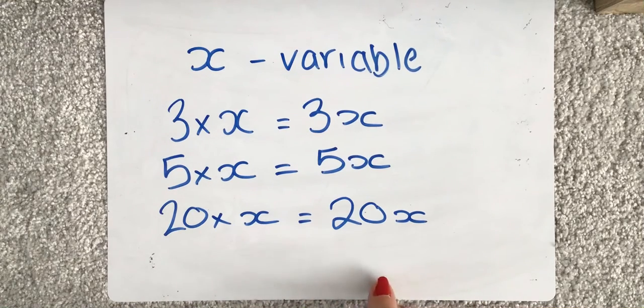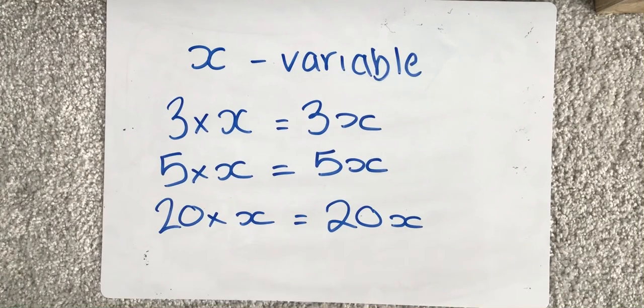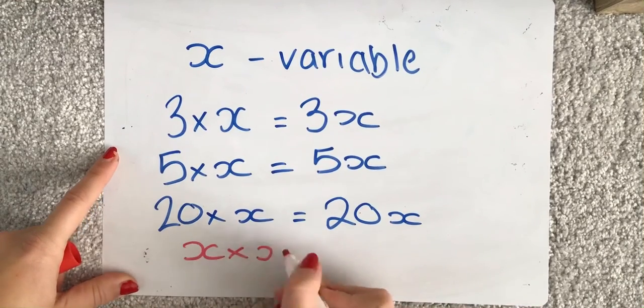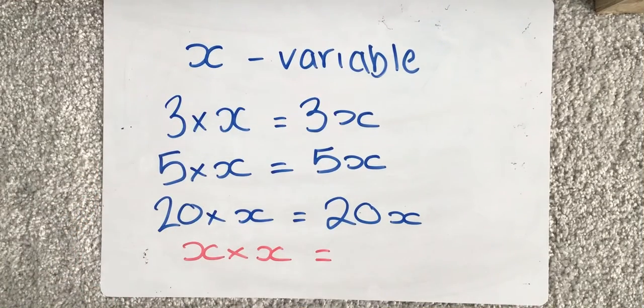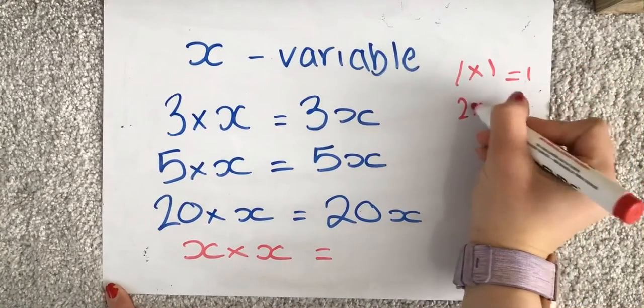So if we start with that, we've got that bit. Now, it can get a little bit more complicated, with, instead of me having a number times x, I might have x times x. Okay, so think back to when we have a number times a number. If we've got a number multiplied by itself, what do we call them? Have a think. Yeah, we call them square numbers, okay? So things like 1 times 1, which gives us 1, 2 times 2, gives us 4.